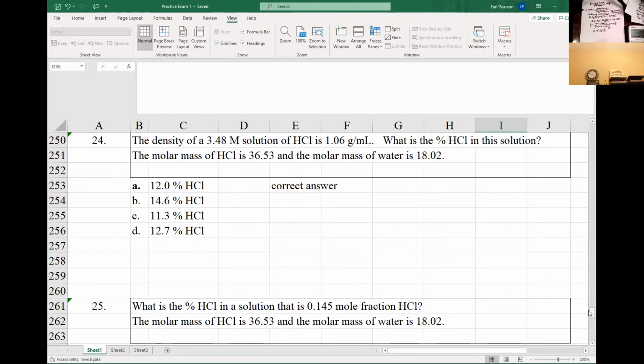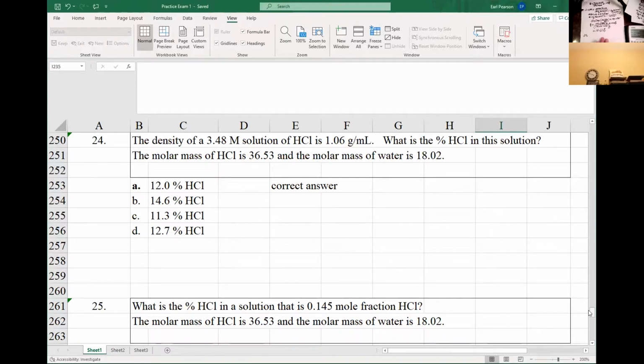All right, so number 24. The density of a 3.48 molar solution of HCl is 1.06 grams per milliliter. What is the percent HCl in this solution if the molar mass of HCl is 36.53 and the molar mass of water is this?